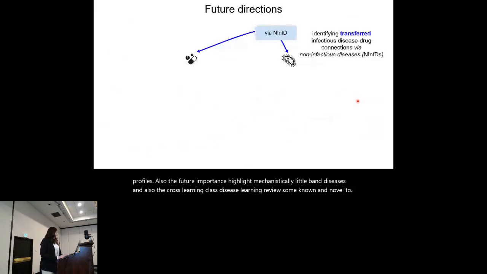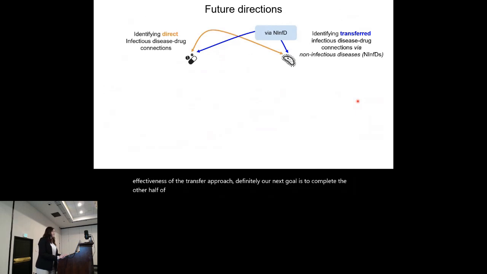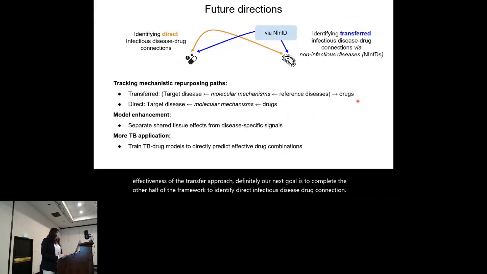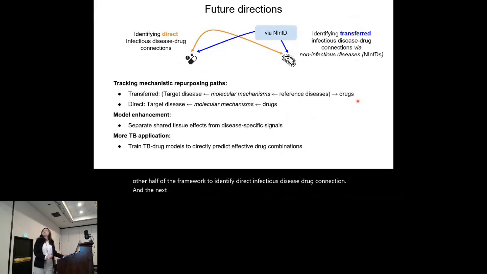For future directions, now that we have demonstrated the effectiveness of the transfer approach, our next goal is to complete the other half of the framework to identify direct infectious disease-drug connections. The next phase includes tracing back the mechanistic path from the SigMatch top features to the target, and trying to see if we can explain how the reference profiles' mechanisms collectively explain the target disease.